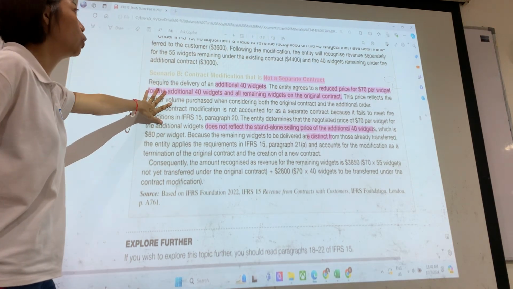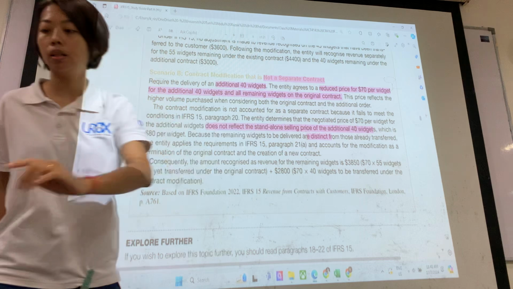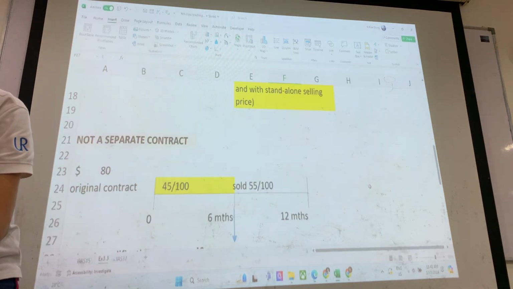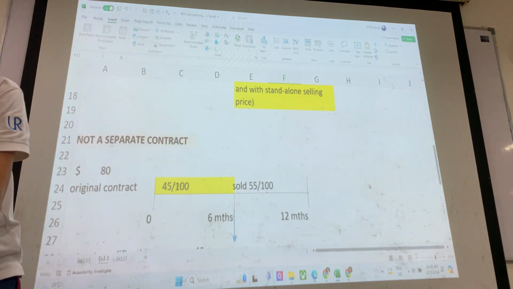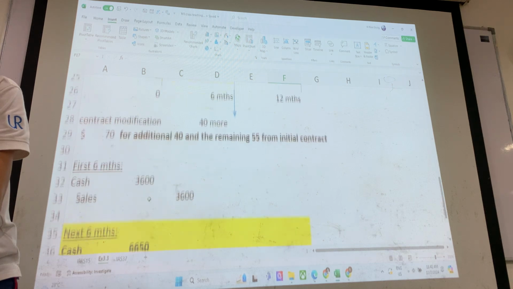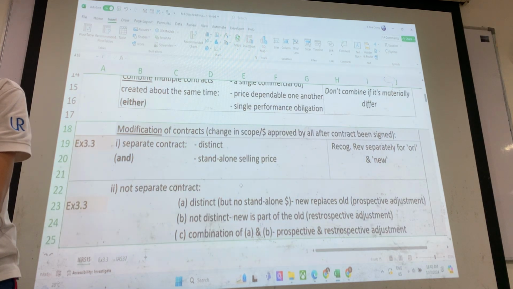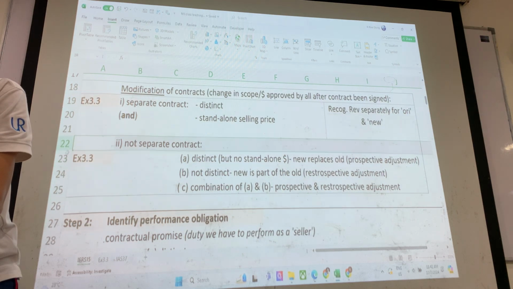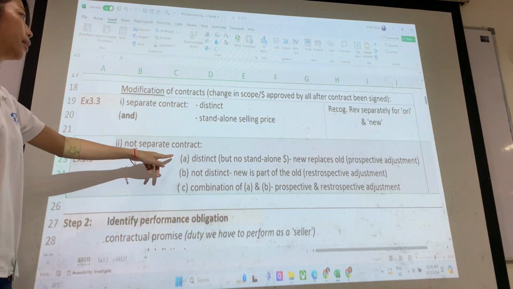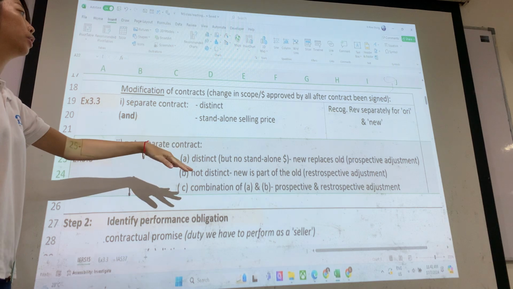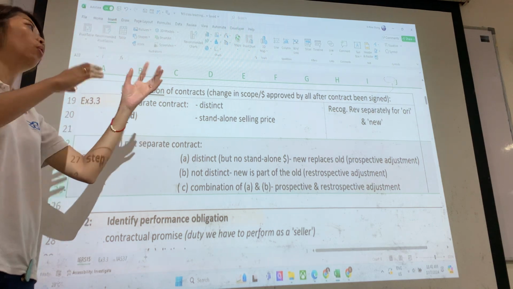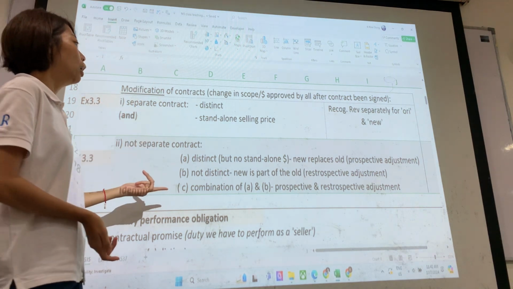So at least we know it is not a separate contract. If it is not a separate contract, then you look at this. It is distinct, but no standalone selling price. Okay, it is lumped with the old one altogether at $70.